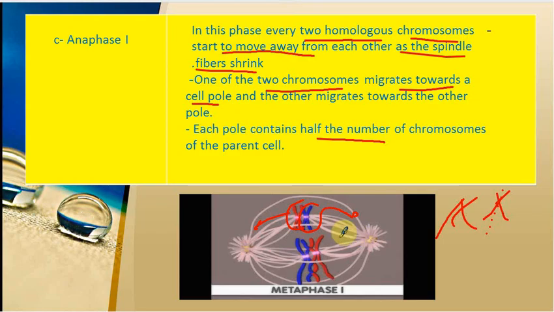So in this case, the chromosomes are not divided at the centromere; they split into two groups. Half of them move to one of the poles, and the other half move to the other pole. So each pole has only half the number of chromosomes.